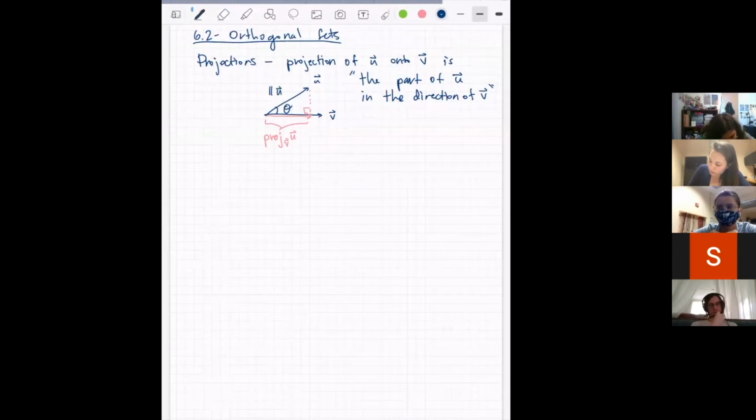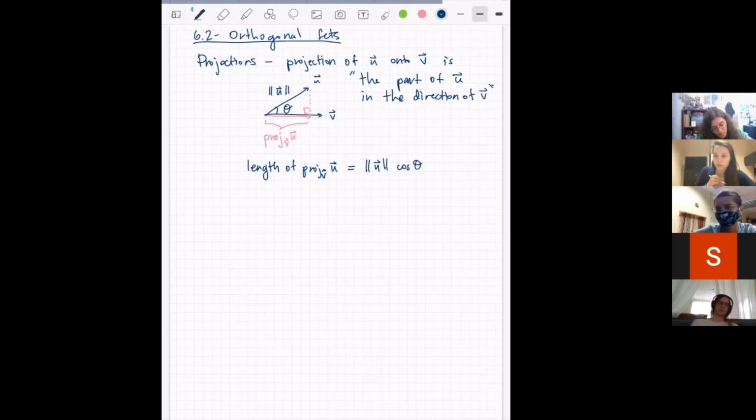We know that the length of this side is just the norm of U, because that side is made up of that vector U. And so this projection's length is going to be norm of U times cosine theta, right? That's the length of that pink part.